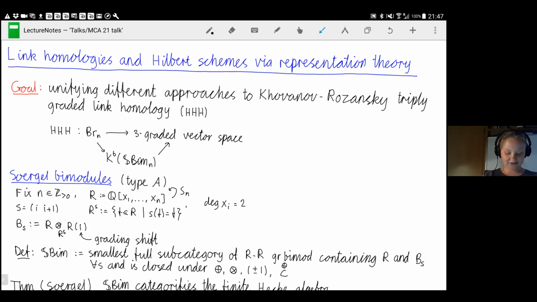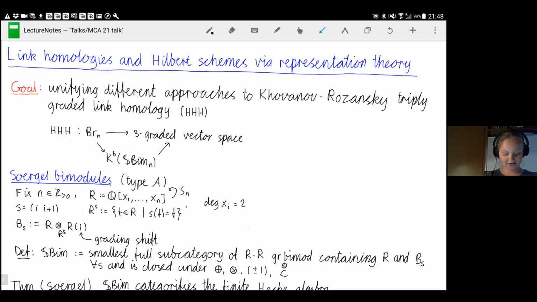The idea is you take a polynomial ring R in n variables, and you put each of the variables in degree 2. Then you have an S_n action, and for each simple reflection s, you define R^s to be the polynomials which are fixed under this permutation. Then you define your Soergel bimodule corresponding to this reflection in this way.